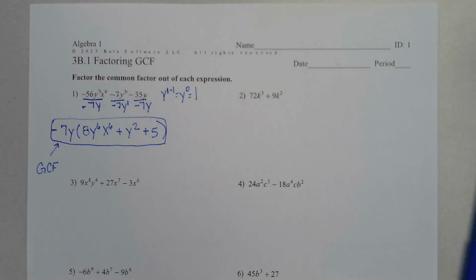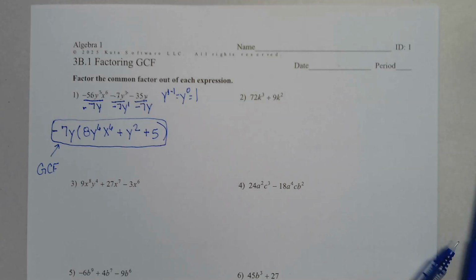Neither of these are divisible by 4. So there is no coefficient common factor there, except for this -1. And I'm going to factor out a -1 right there. I should have written that down a little bit lower. I'm going to write that down there, kind of wipe this out a little bit.